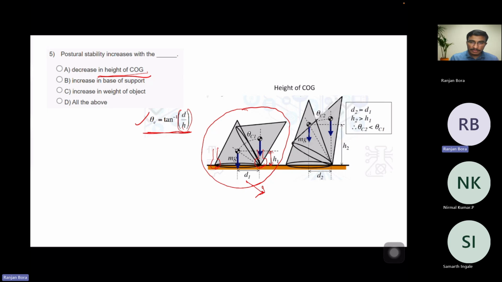So what does it mean if theta increases? It means that to initiate instability, we need to rotate through a higher value of theta. And stability will decrease when theta decreases.